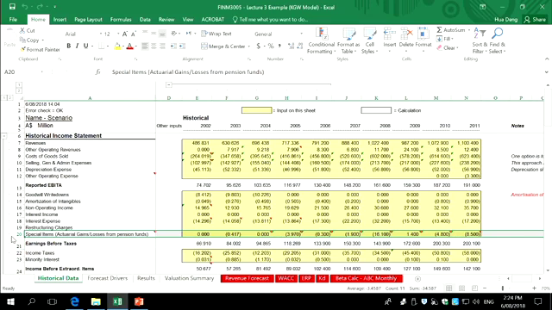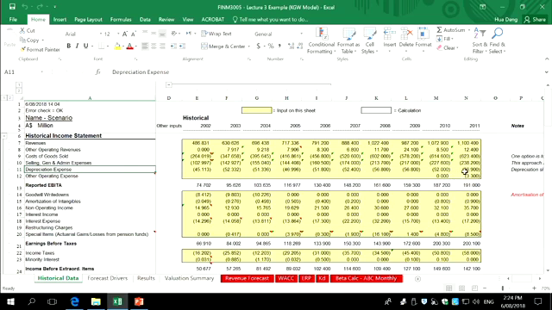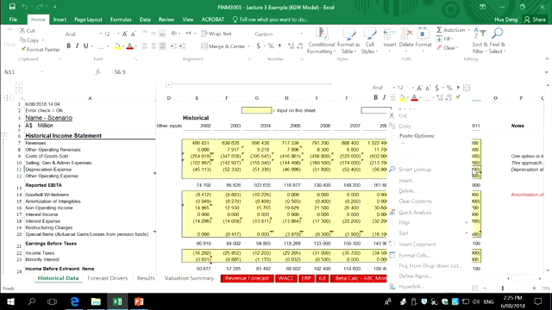If you still want to make notes on a particular number, for instance depreciation, if the company has a large amount of depreciation as a result of capitalizing software or a customer management system, which are intangible assets, and you want to highlight this depreciation or amortization of that intangible asset, you can click that number, right-click, and insert a comment.